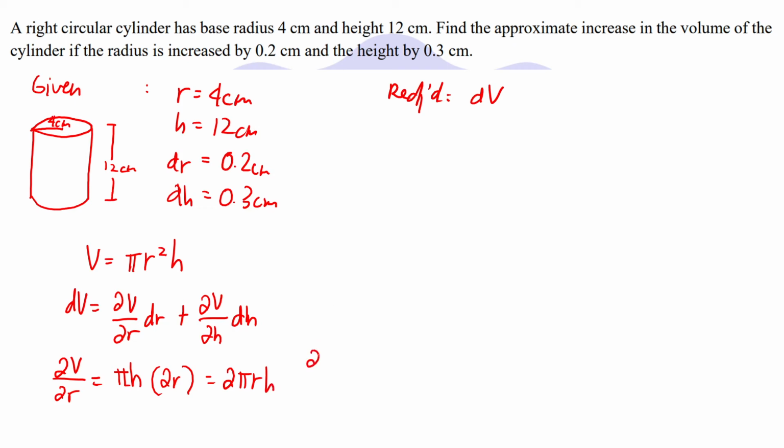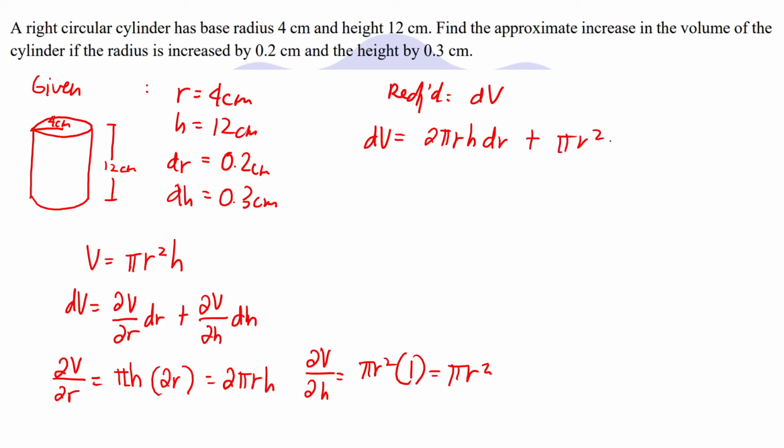How about the partial of V with respect to h? That will be pi r squared times 1, or pi r squared. Take out pi r squared because h is our only variable. Then we input dV is equal to 2 pi r h dr plus pi r squared dh.